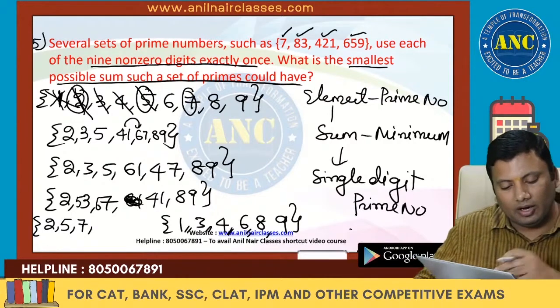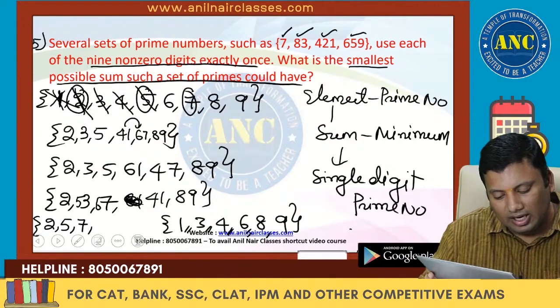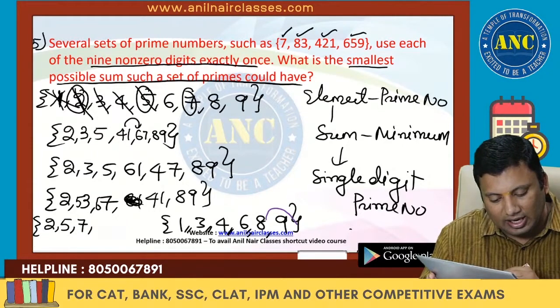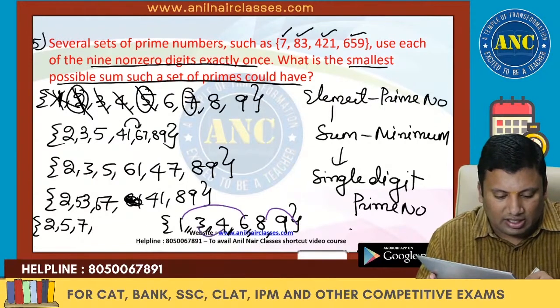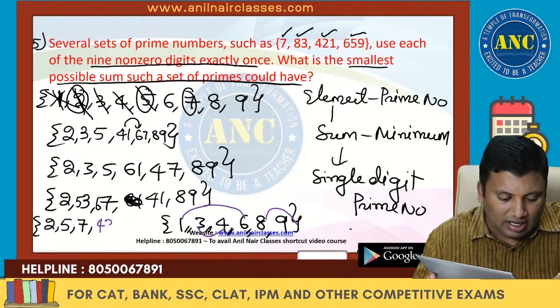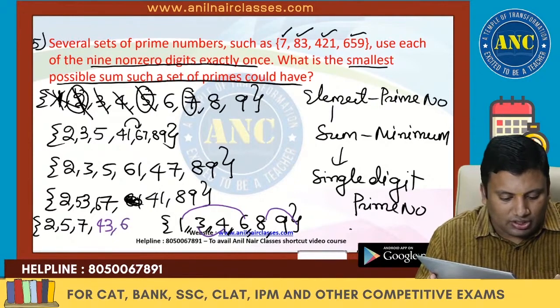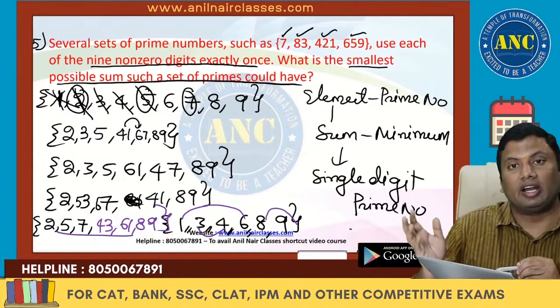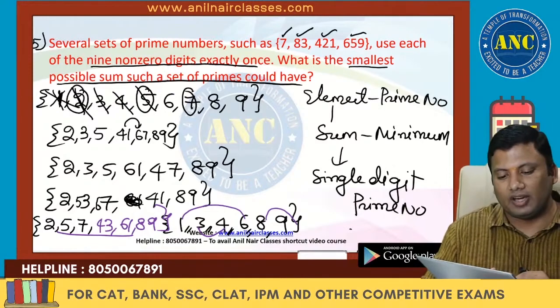Now we have to get prime numbers. 89 is another case, it is possible. 61 is another case, 43 is another case: 43, 61 and 89. Like that, so many cases we are getting.